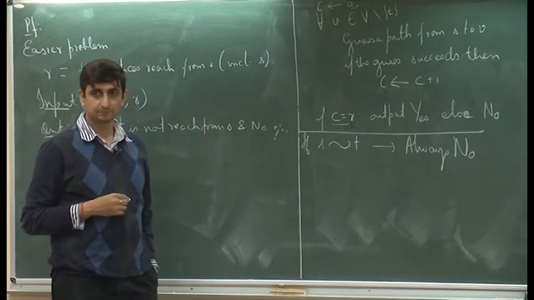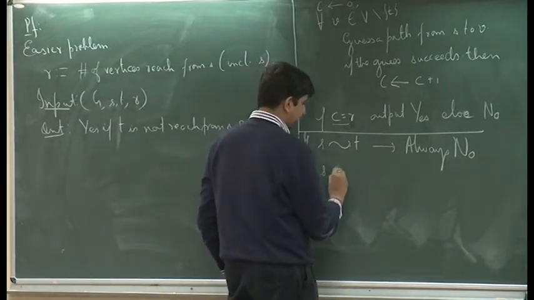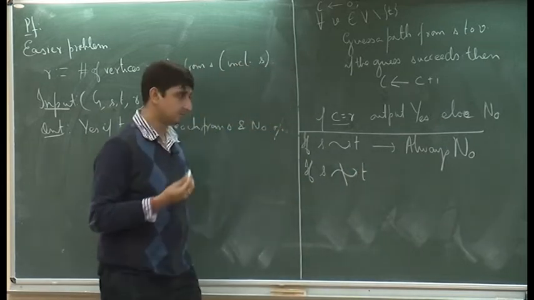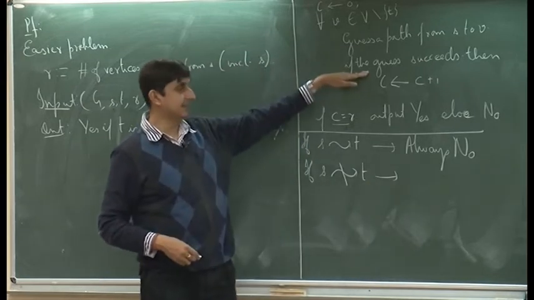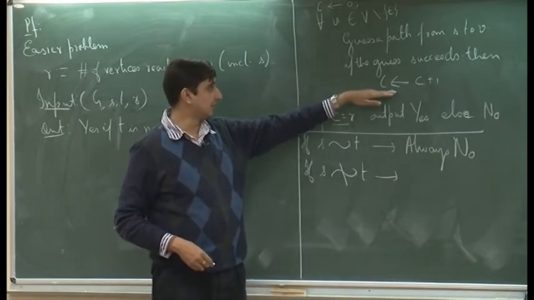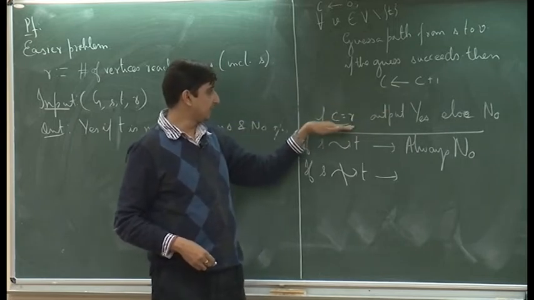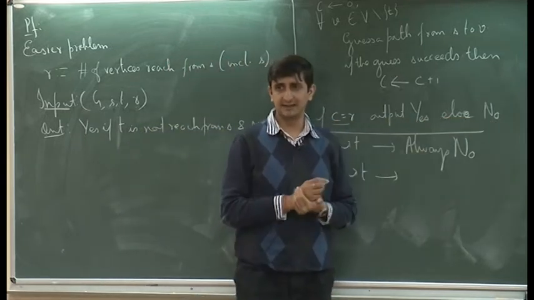Similarly, if T is not reachable from S, it can happen, as you said, that I incorrectly guess a path and therefore do not increment C, and therefore, when I come to this step C is less than R and I output no. That can happen.